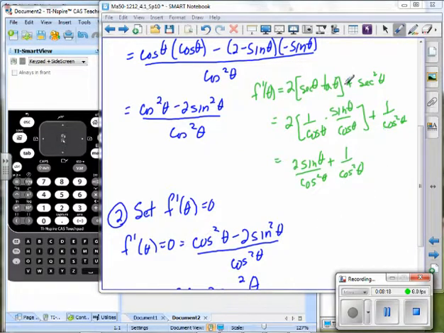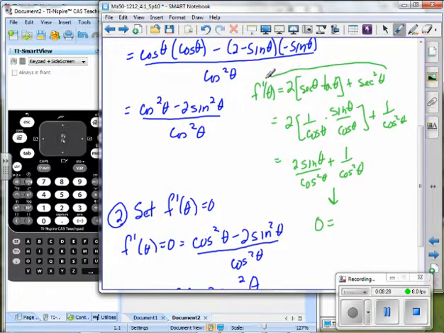Let's see what happens if I continue using my secant information. Here I would have 0 equals, and I'm going to go back and pick this up right here. And I have a secant theta I can factor out. And that would leave me with 2 tangent theta minus secant theta. Can you read that?